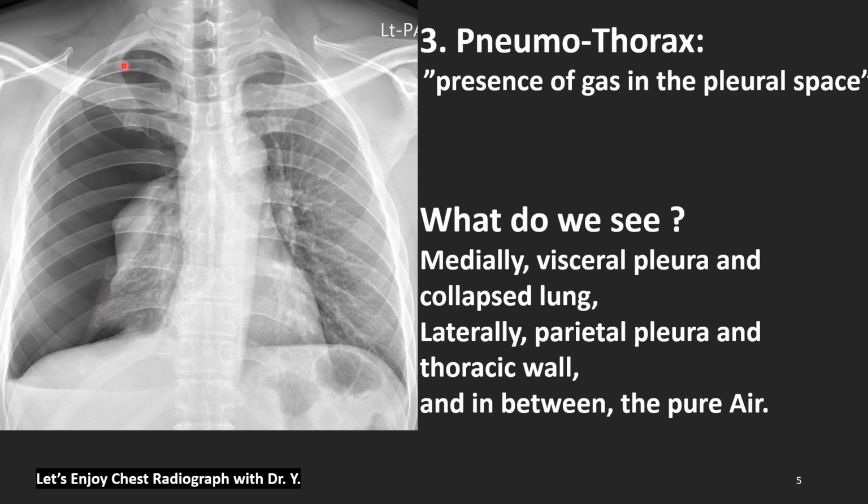Laterally, the parietal pleura will be here, and the thoracic wall. In between, there is only pure gas, pure air, without lung tissue. So there is no pulmonary artery, pulmonary vein, or alveolar structure here. That is pneumothorax.